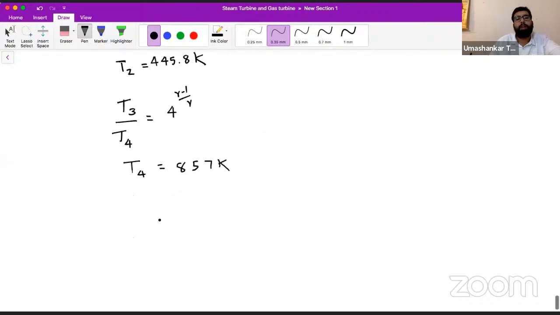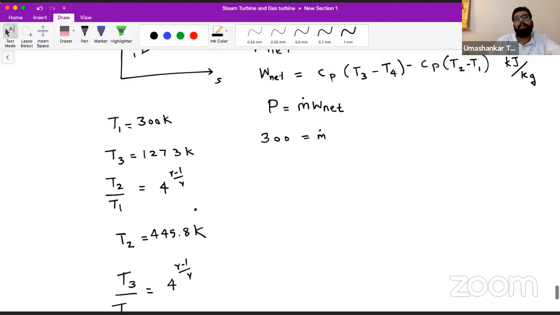So now we have the values of T2, T4, T1, T3. Can we put them here? Cp is given to be 1.